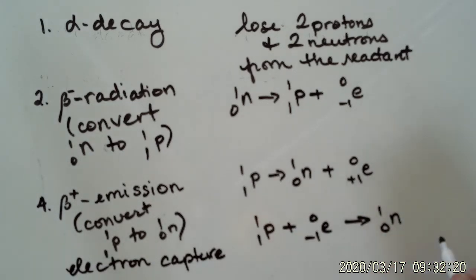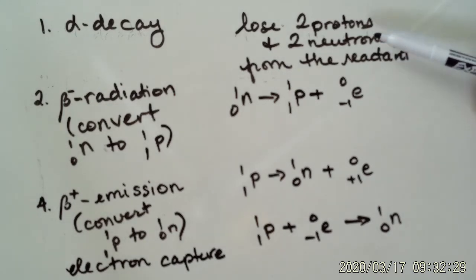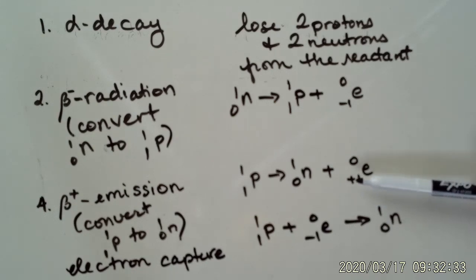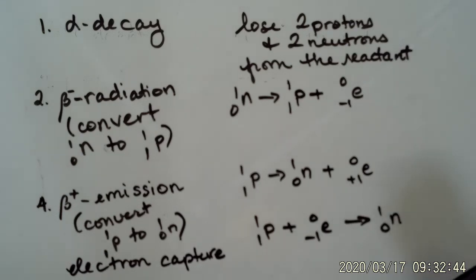So these are different ways that our nuclei can either reduce overall the charge and its mass by losing 2 protons, 2 neutrons, I can convert from neutrons to protons, or I can convert from protons to neutrons. So why is that essential? So let's talk about patterns of nuclear stability.